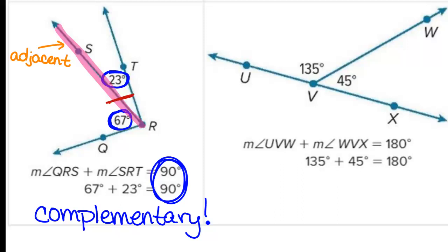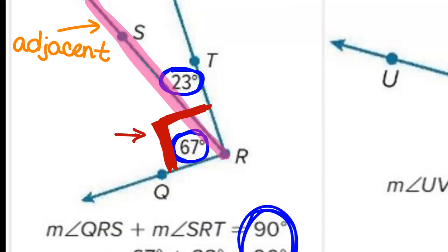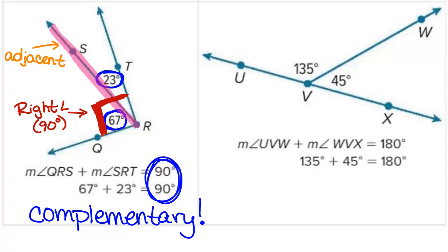Mine is not going to be so little because I don't want to draw over the numbers, but we put a box in the corner to show that it is a right or 90-degree angle. So when my complementary angles touch, when my complementary angles are adjacent, together they make a right angle.